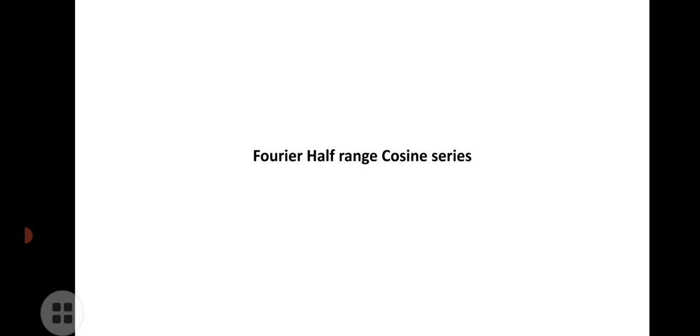We then extend the definition to the other half in such a manner that the function becomes even or odd. What do we mean by even and odd functions in half range Fourier series?